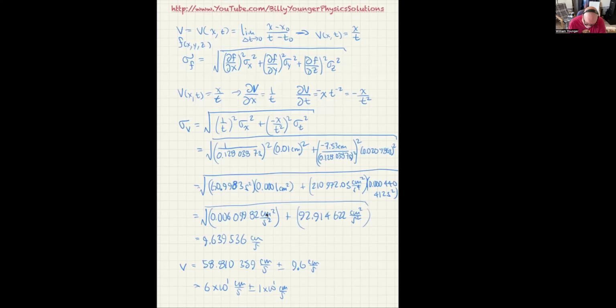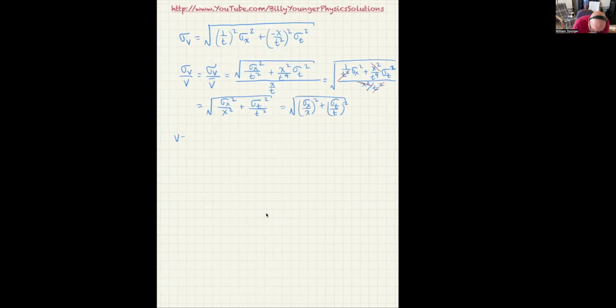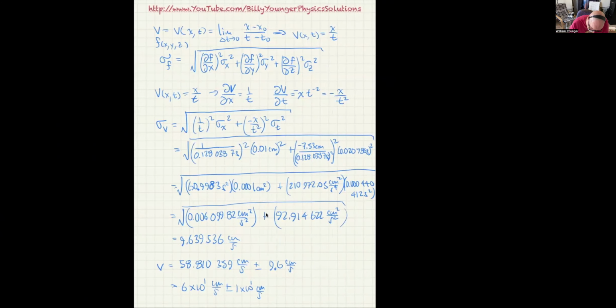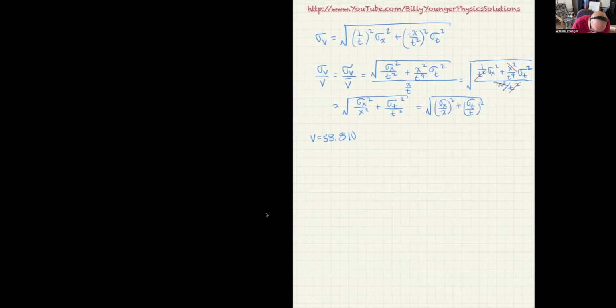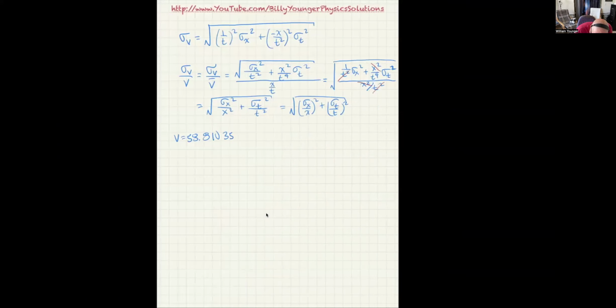So what we found was our v was 58.810359. That's more than enough digits, of course, and that's centimeters per second.